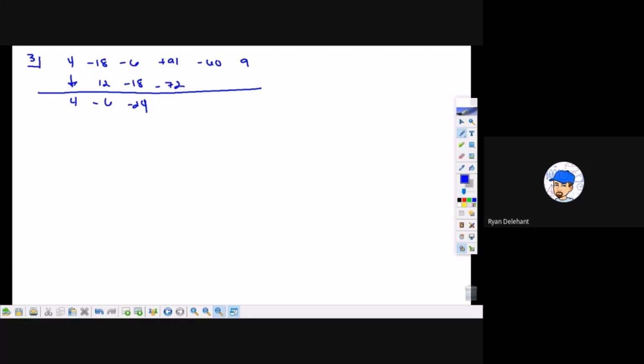And 91 minus 72 is 19. It's positive. 19 times 3 is 57. We add down, we get -3. -3 times +3 is -9. We get the 0 that we wanted.